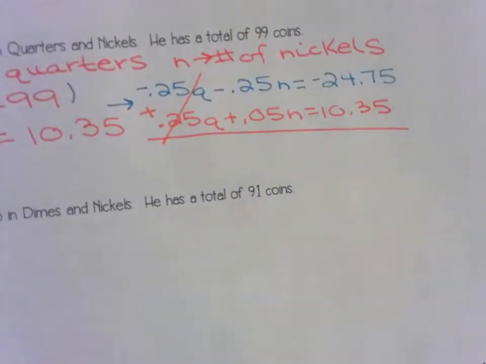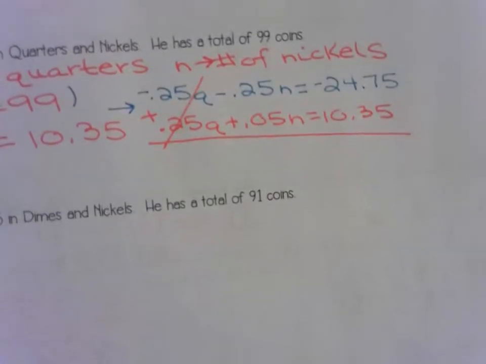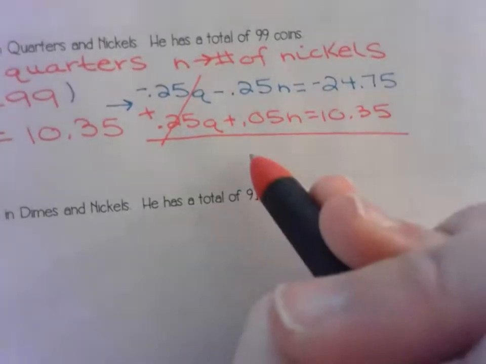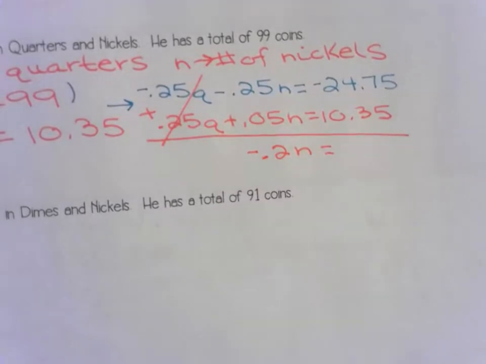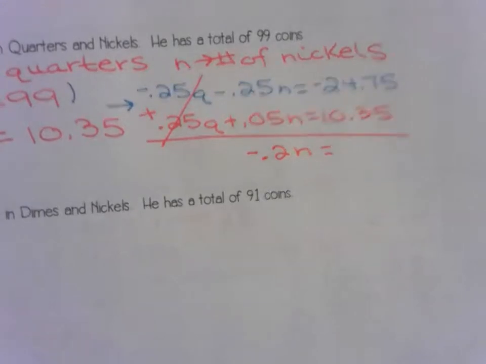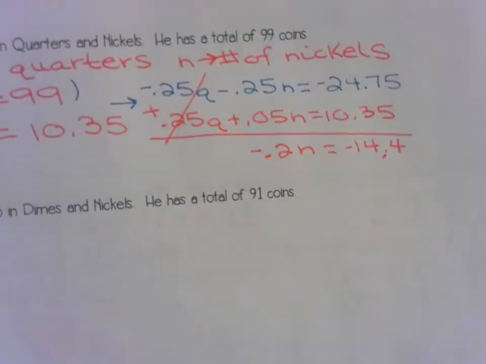They cancel. How many n's will I have? What is negative 0.25 plus 0.05? Negative 0.2. Negative 0.2n equals what is negative 24.75 plus 10.35. Negative 14.4. Now, how do I find n?